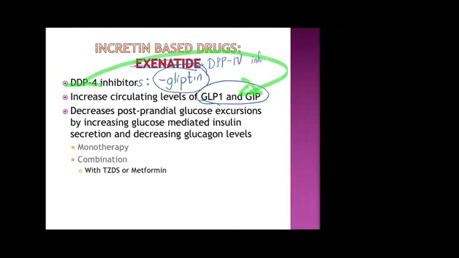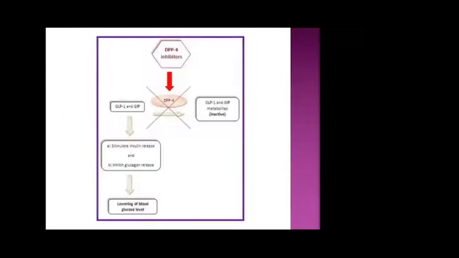Ano ang relasyon? So upang magets yun, let us have this illustration, and then babalikan natin yung slide kanina. Para maintindihan ito, i-explain muna natin ang importance ng enzyme, dipeptidyl peptidase 4. Ang dipeptidyl peptidase 4 ay isang enzyme that can inactivate incretins.